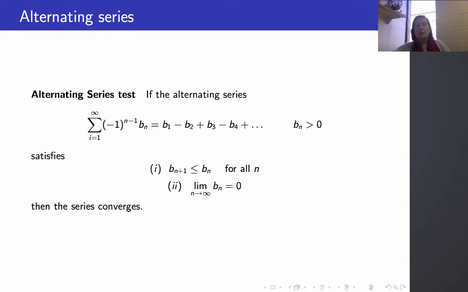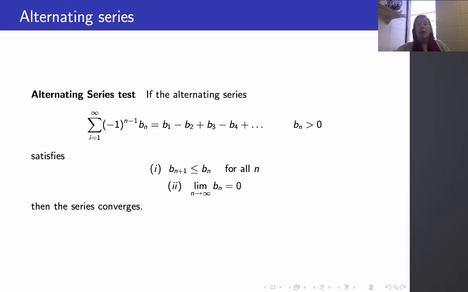The alternating series test, of course, applies to an alternating series. If the terms of the series are of the form minus 1 to the n minus 1 times bn, where bn is positive, or minus 1 to the n times bn, where bn is positive, then if the limit as n goes to infinity of the positive part is 0, and bn plus 1 is less than or equal to bn for all n, then I can conclude that the series converges.